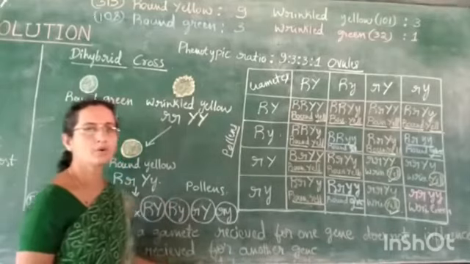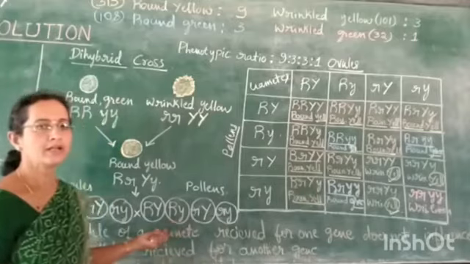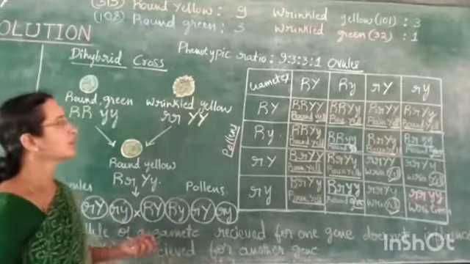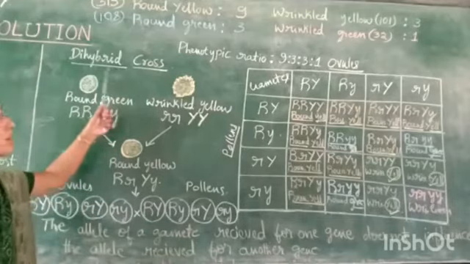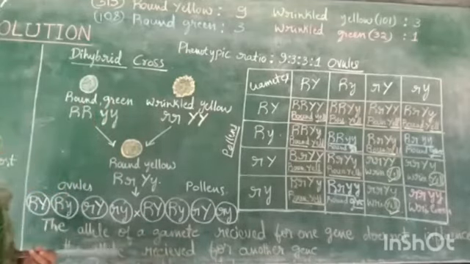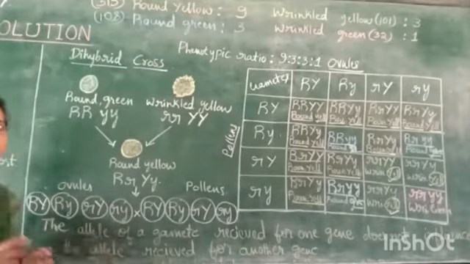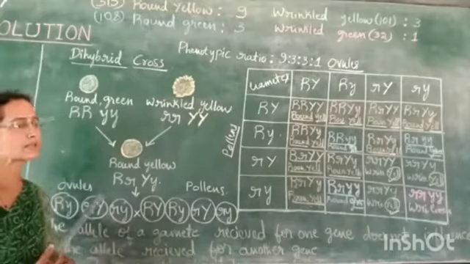Let us study about Mendel's second experiment. Mendel did his second experiment on garden pea plants. Here it is called a dihybrid cross. In the dihybrid cross, he chooses two characters in the pea plant. So what are those two characters?